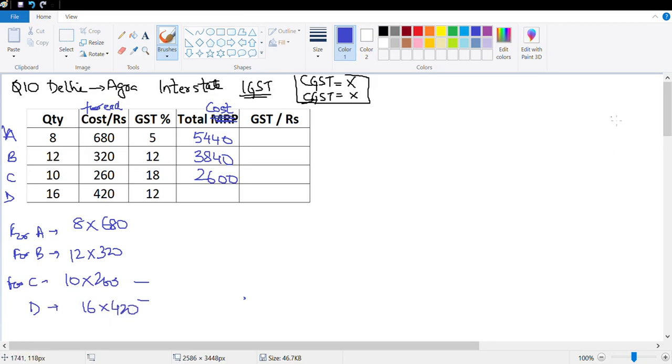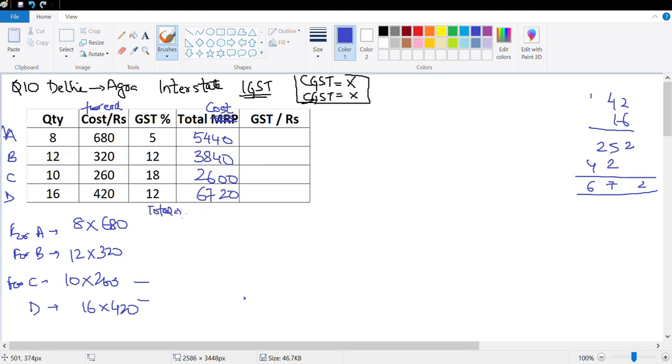42 into 16, that's 672. So this is 6720. Find the amount of bill, which means I have to calculate separately, because I just can't total this up because each object is being charged at different GST.